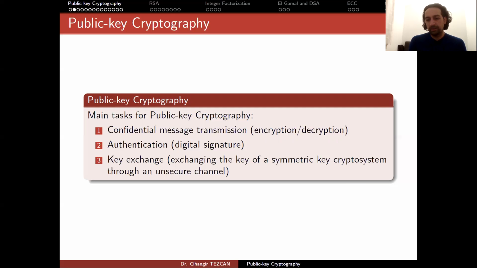But the e-commerce web page cannot go to everybody's house and give them a secret key for their communication. So this problem is solved by the Diffie-Hellman key exchange algorithm, which we are going to see in a minute.